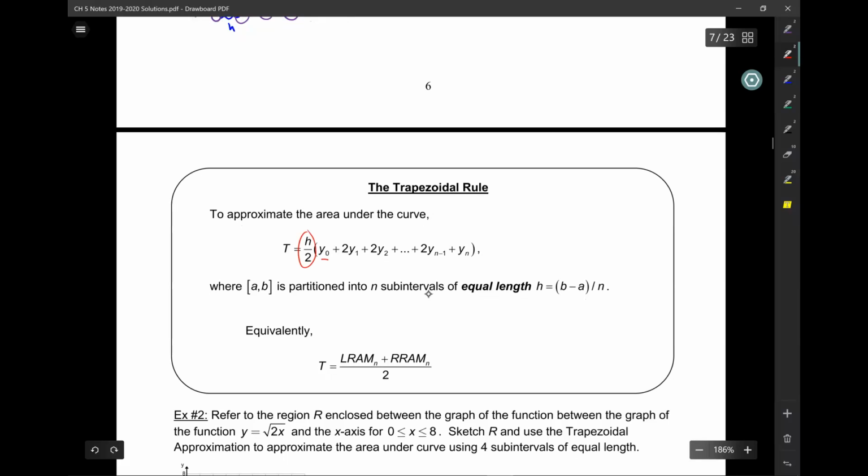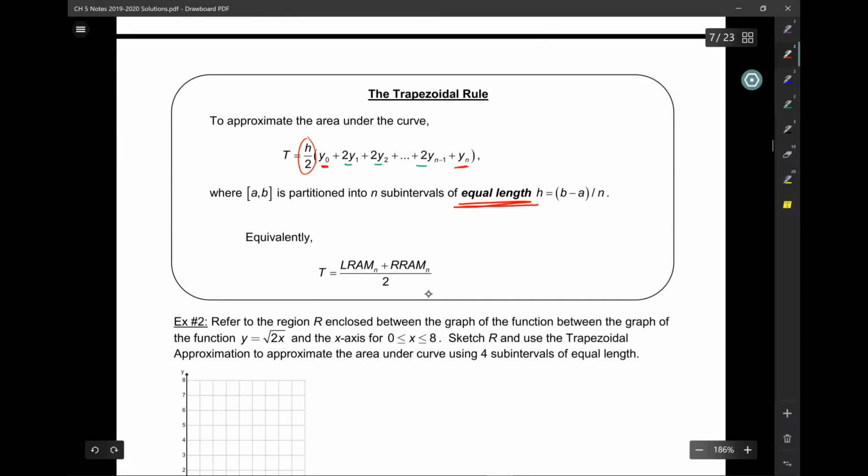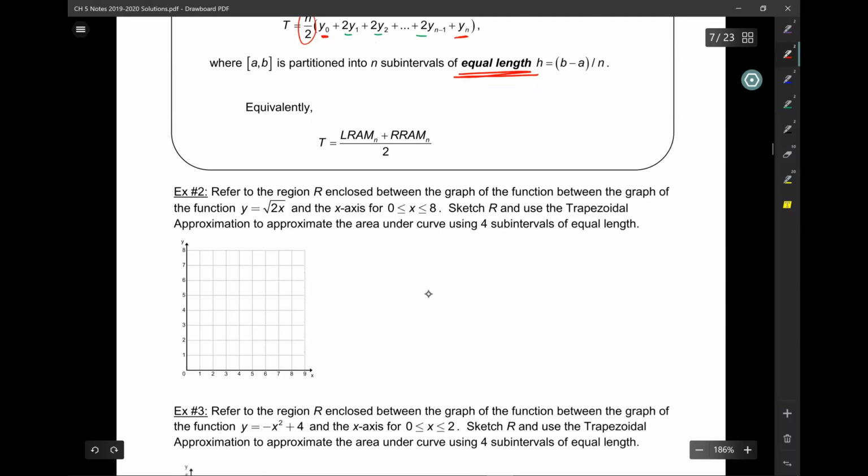And then it's y of the first endpoint, so f of the first endpoint, plus 2 of each of the other endpoints, and then 1 of the last one. Okay? So what ends up happening, if you look at it a little more closely, if you have n subintervals of equal length, then the trapezoidal rule is the average of LRAM and RRAM. Okay? All right.